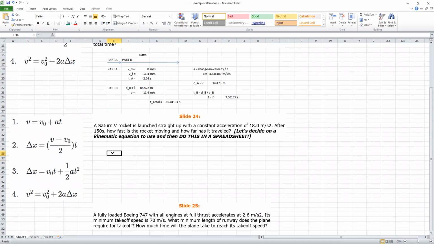So Saturn V rocket is launched straight up with a constant acceleration of 18 meters per second per second. After 150 seconds, how fast is the rocket moving and how far has it traveled? So again, as with most kinematic equations, you can usually do this a couple different ways, but let's just set some parameters here.